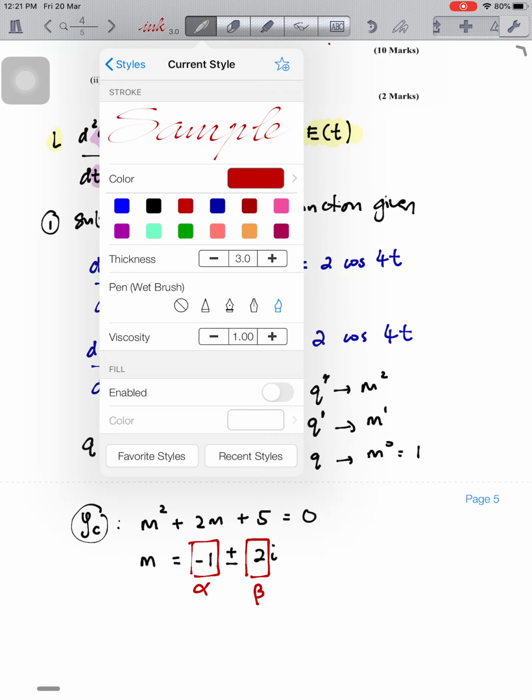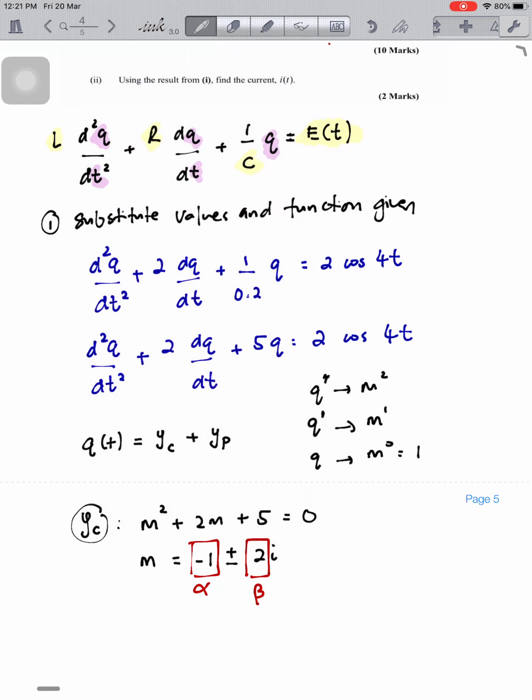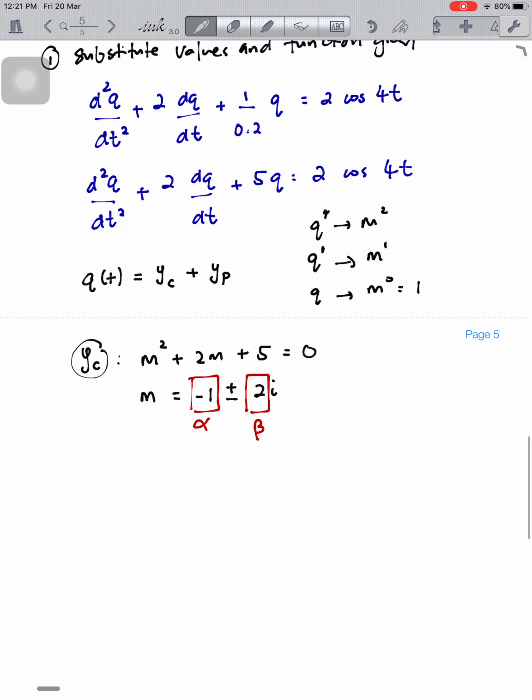So now all you have to do is write down the yc. So now it's going to be yc of t. For the case of complex root, the solution is going to be exponential of alpha, which for this case is negative t, multiplied by a cos of beta, which is 2. So I'm going to have a cos of 2t plus b sine of 2t. So that will be the yc.